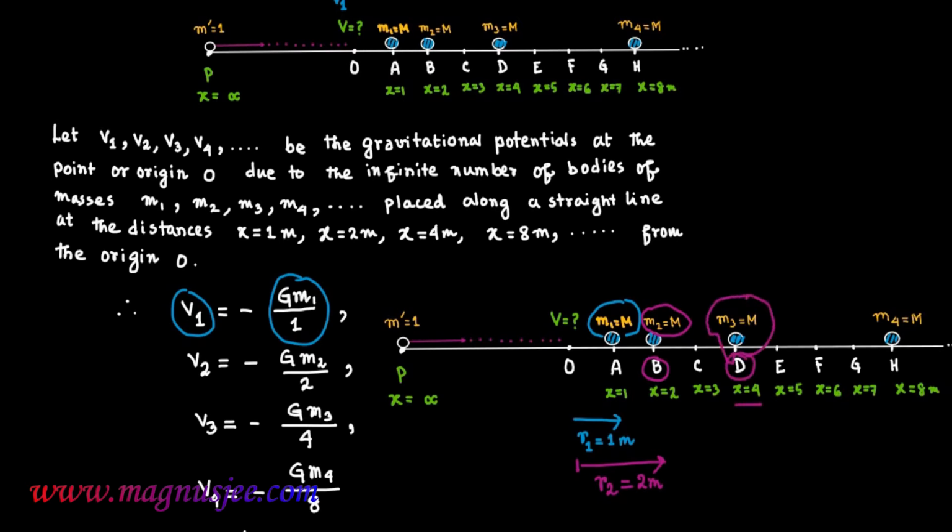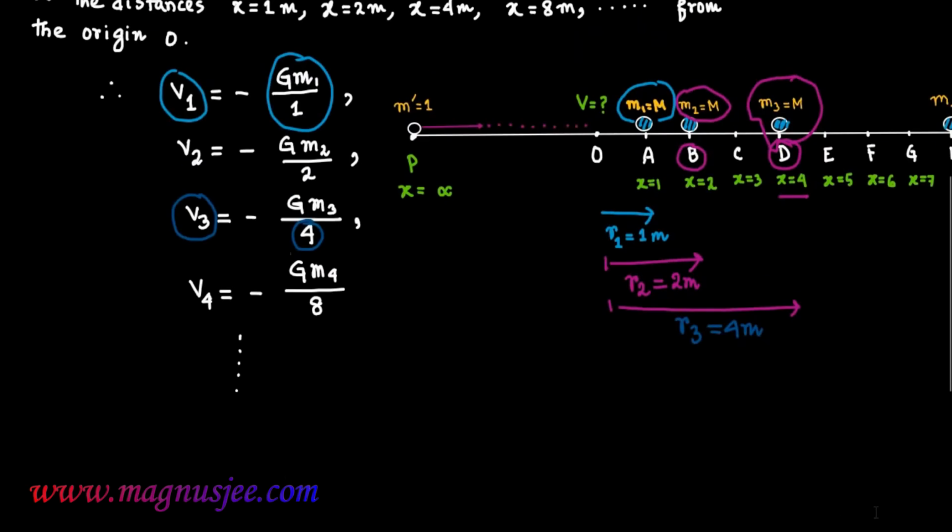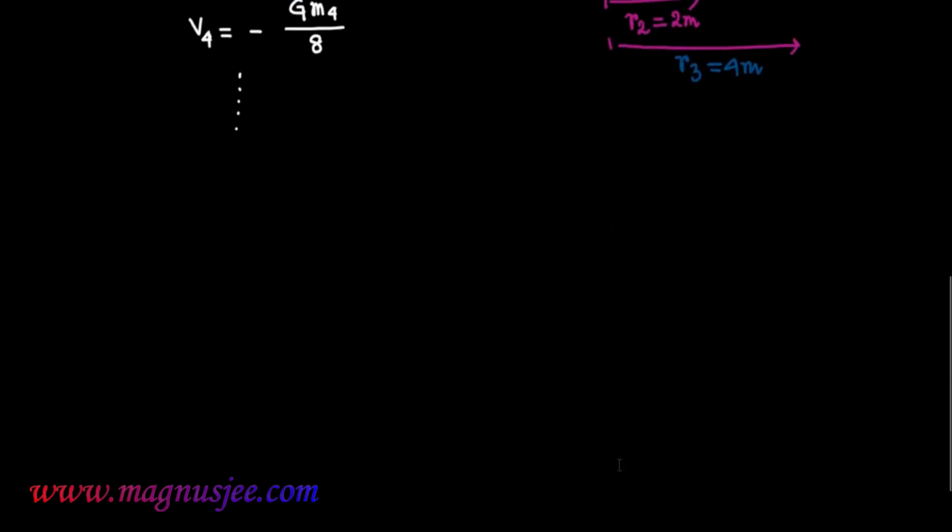Third body of mass m3 equal M is at a distance r3 equal 4 meter, and for V3 it should be divided by 4, because 4 meter is the distance of the third body m3 from the origin. Similarly we can write V4 equal minus G m4 by 8, and so on.